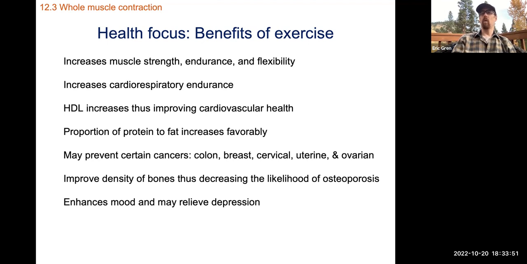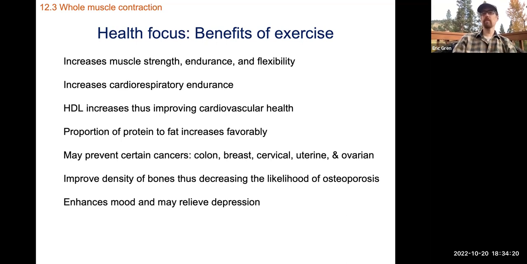But if you're only doing low impact exercise like swimming and bike riding, and you're not subjecting your bones to impact, right? We actually see a decrease in the density of your bones. And so it is important to involve at least a certain amount of impact activity every day to stimulate the bones remodeling and reinforcing themselves and staying nice and dense.